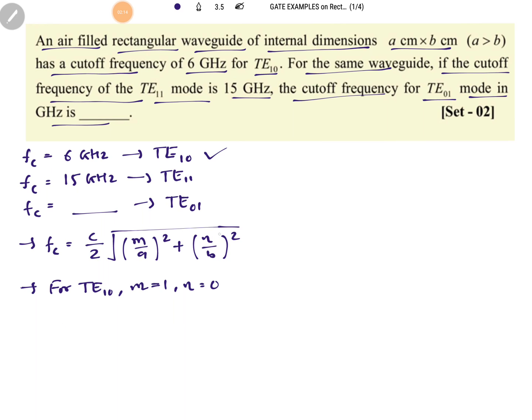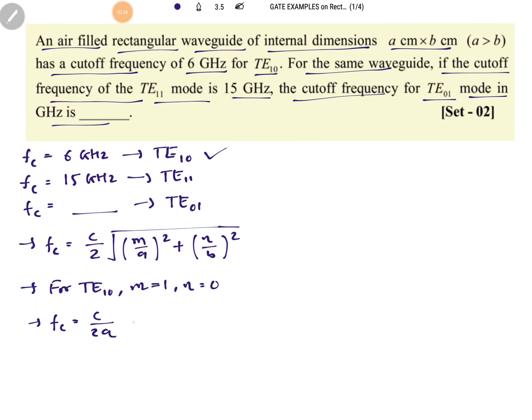If you place n equal to 0 in this basic formula, you will find c by 2 into m by a. So the cutoff frequency fc is equal to c into 1 by twice a. This will be the basic formula for TE10 mode.